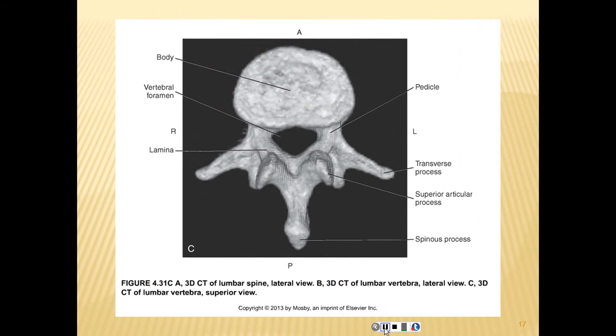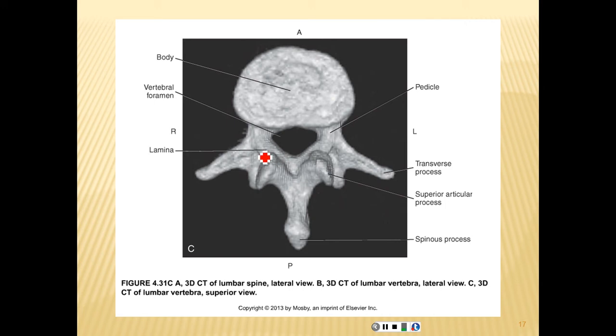3D CT, this is a shaded surface display image of the lumbar vertebra represented by the modality of CT. You should be familiar with all the anatomy here. There's not that much anatomy to actually learn and understand. You have the body, you have the pedicle, you have the transverse process, superior articular process, the lamina.